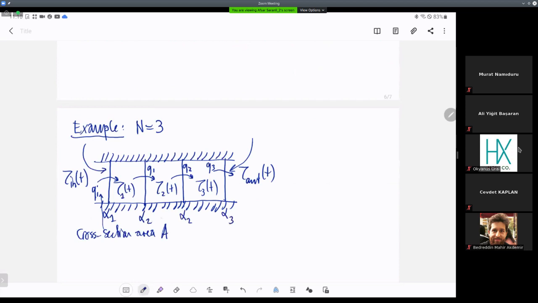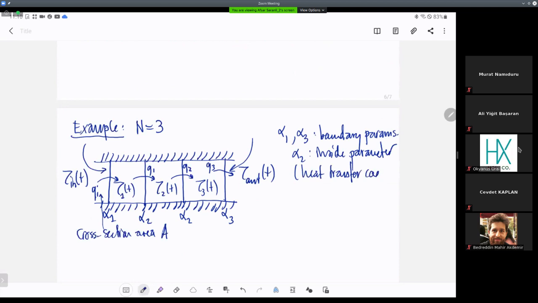These are both alpha 1 and alpha 3, the boundary parameters, and alpha 2 is the inside parameter. This is the heat transfer coefficient, remember.